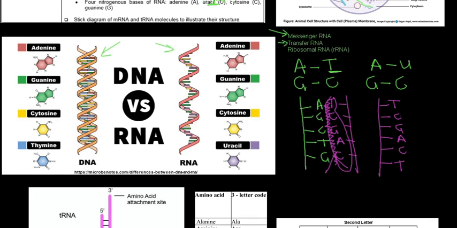If RNA were to come and read this strand, thymine would bond with adenine, as is the rule. Cytosine with guanine, guanine with cytosine. Adenine will now bond with uracil and not thymine. Why? Because this is an RNA strand. Then cytosine with guanine, and then thymine will bond with adenine.